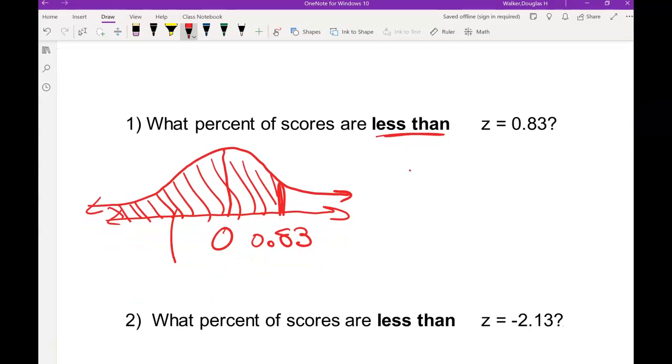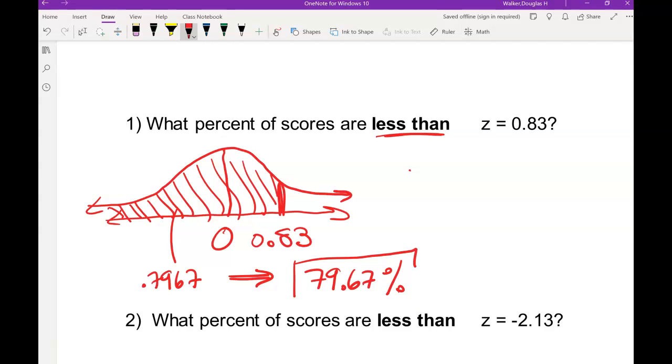So it's telling me that this is 0.7967. So these are all probabilities. If I convert that into a percent, that's telling me that 79.67%, or almost 80% of values are less than a z-score of 0.83.